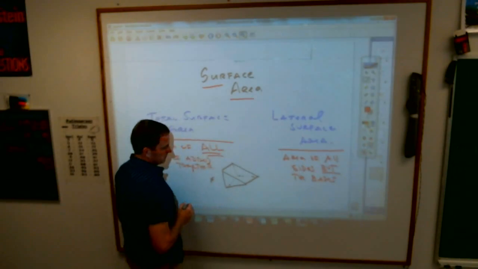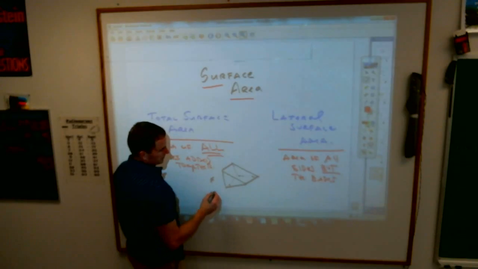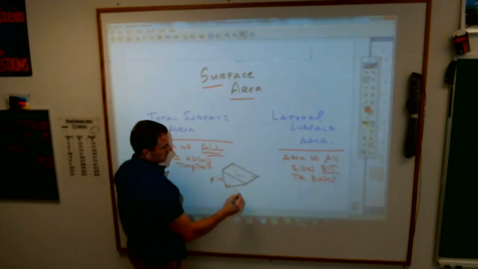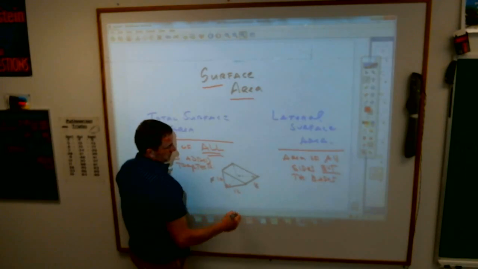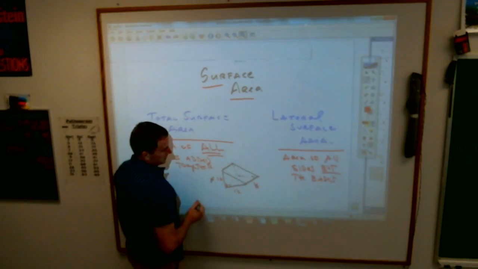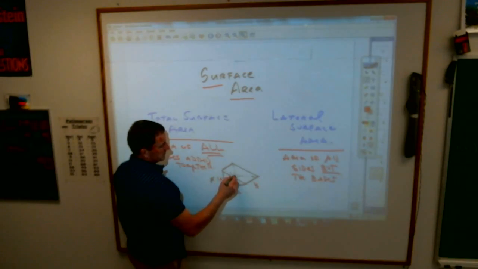Let's make it a right triangle too. Let's make this 10, 12, 8. Should I give you the hypotenuse? Sure, let's make the hypotenuse 13.